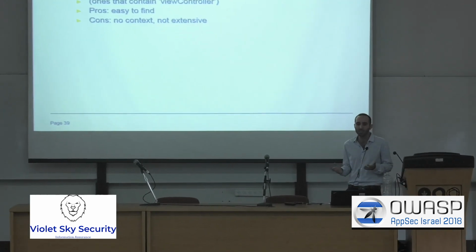Often a lot of them won't have any meaningful name, and a list of 150 things without a meaningful name doesn't mean a lot. And second of all, it's not extensive, because what if our view controllers do not contain "view controller" in their name? So that's an approach a lot of tools take, but those are the problems with it.